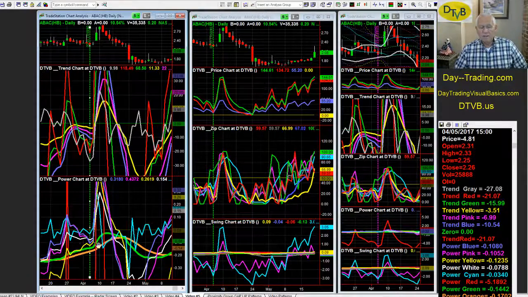But when everything falls into place right here with the identical indicators, there's 12 of those and 4 in the other group. We've got a lot of identical indicators, which means we have a lot of supporting evidence. Keep in mind, if you had 19 identical indicators, you've only got 3 more lines to have supporting evidence in those identical indicators.